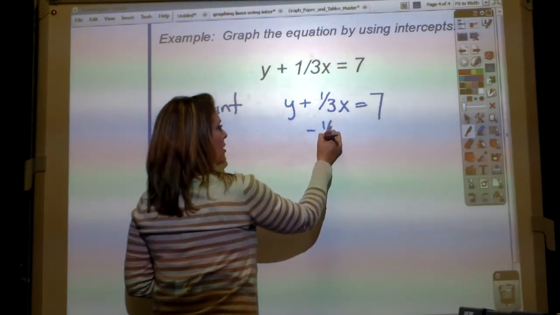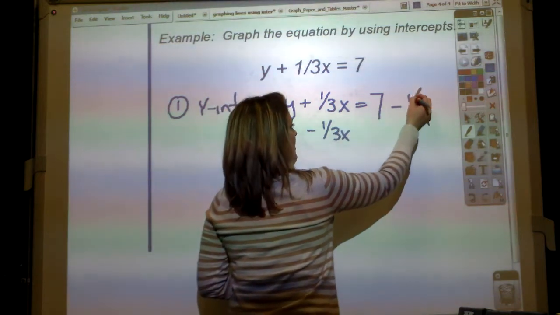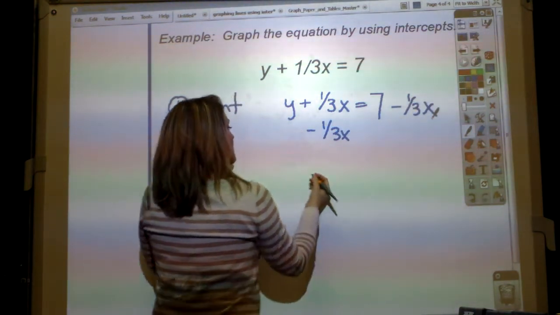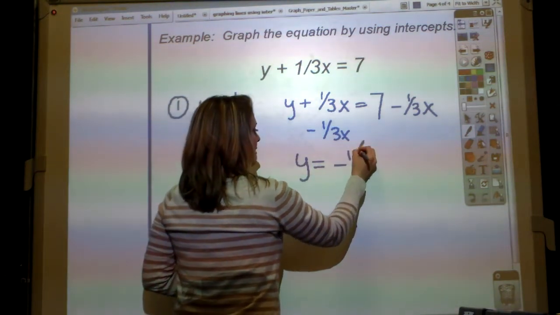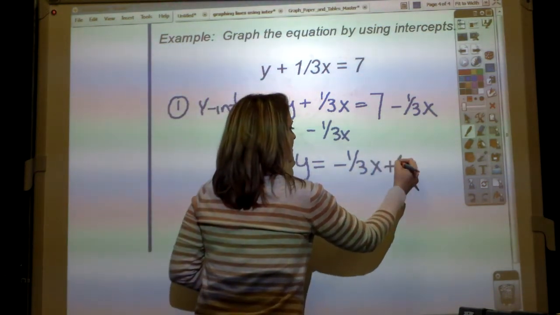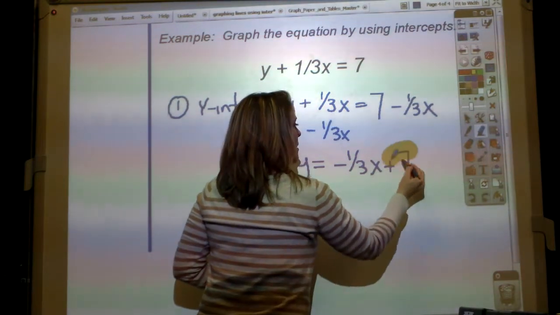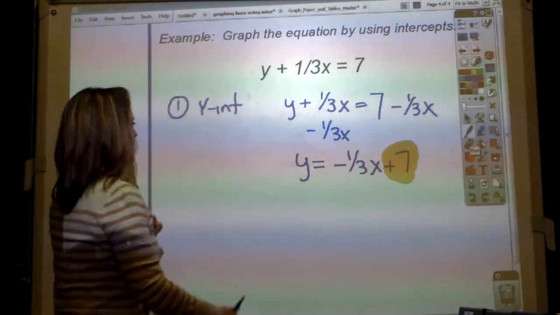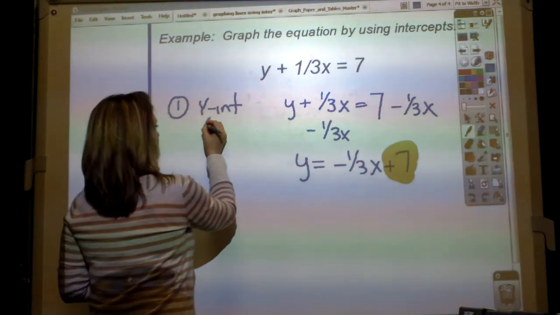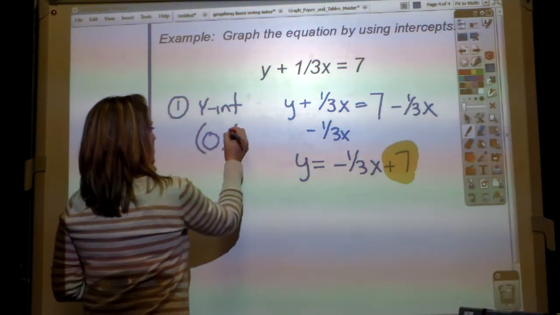So I'm just going to subtract 1/3 x on both sides. So my slope-intercept equation is y equals negative 1/3 x plus 7. Remember, that's your y-intercept. So our y-intercept is going to be at 7, which is 0, 7.